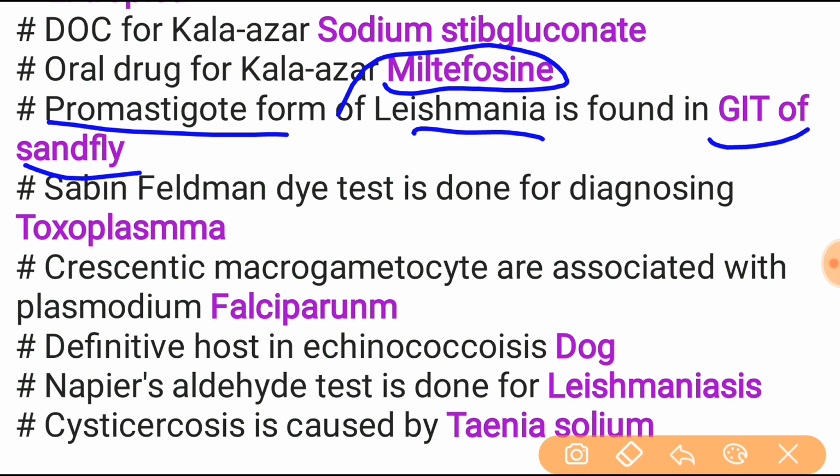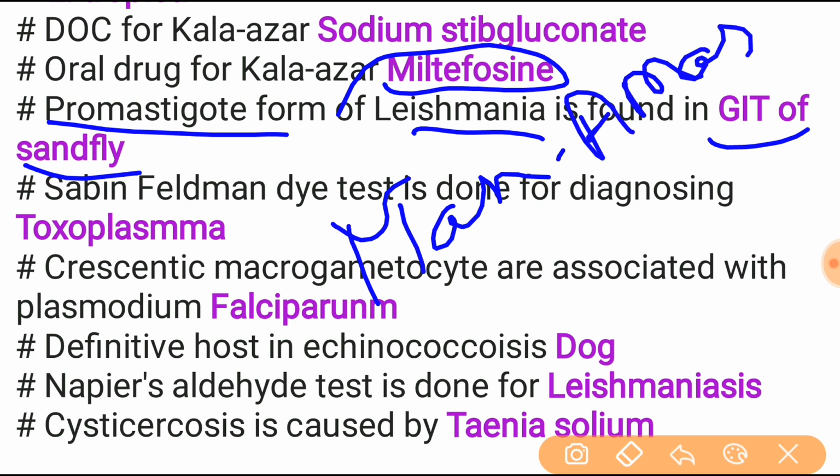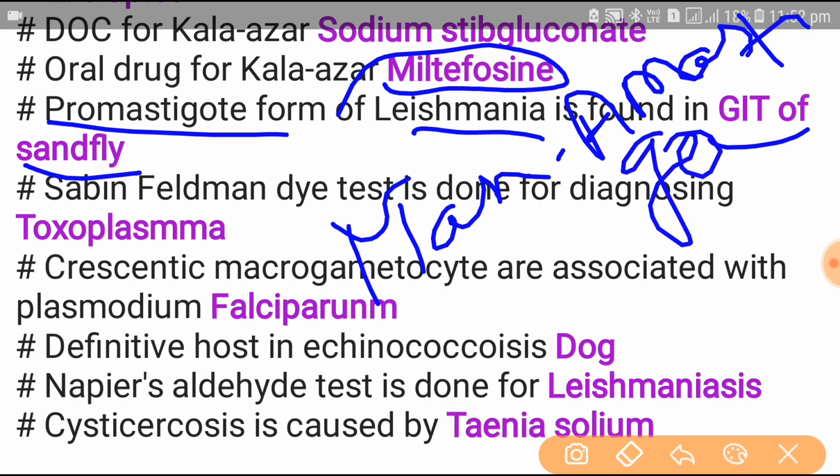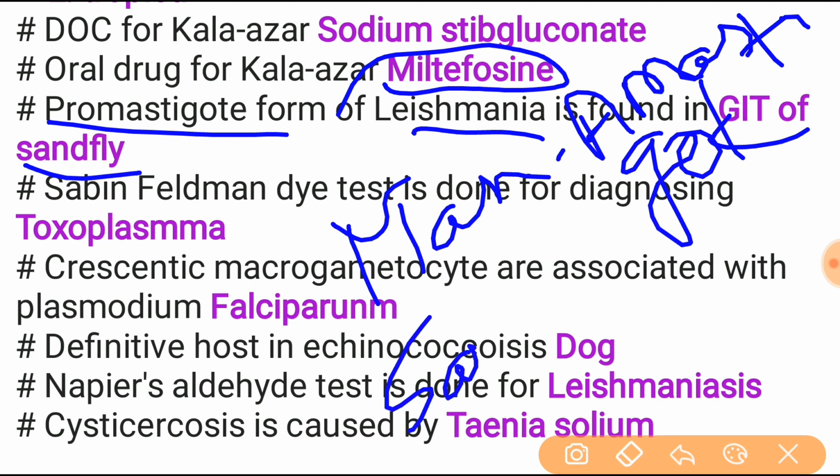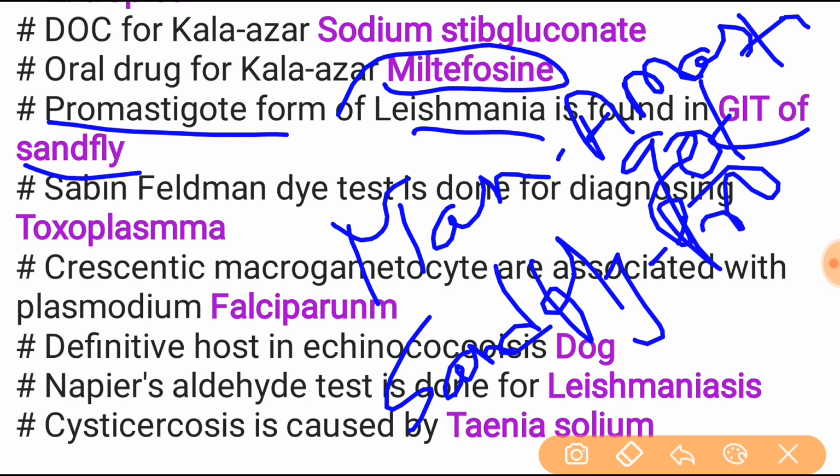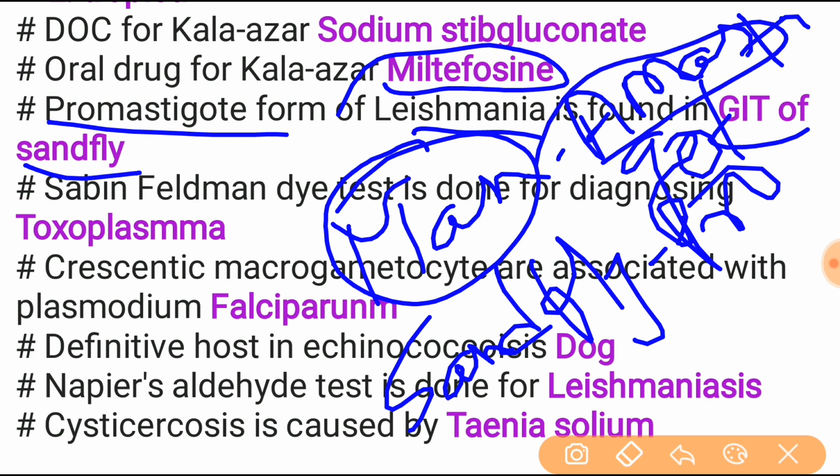You have to remember one thing: if the man is infected, it is the amastigote form, while in the sandfly it will be the promastigote. Only the amastigote form is found in man.